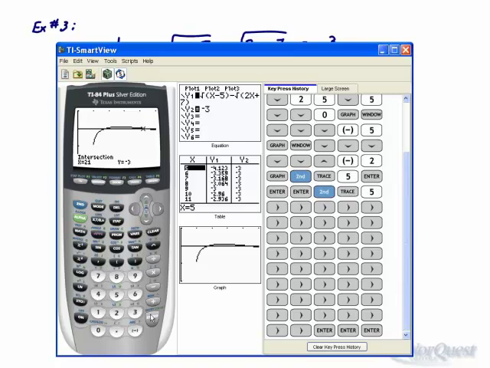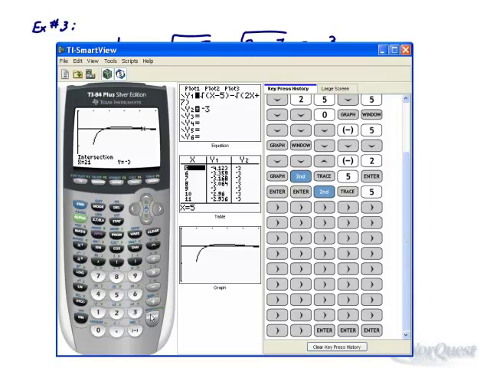Now the moral of the story with this type of intersect feature is that even though it's a little easier to punch in because you don't have to set boundaries, you generally have to work with your window settings a little bit more using this method. Students that tend to find setting windows quite easy tend to like to use the intersect feature.